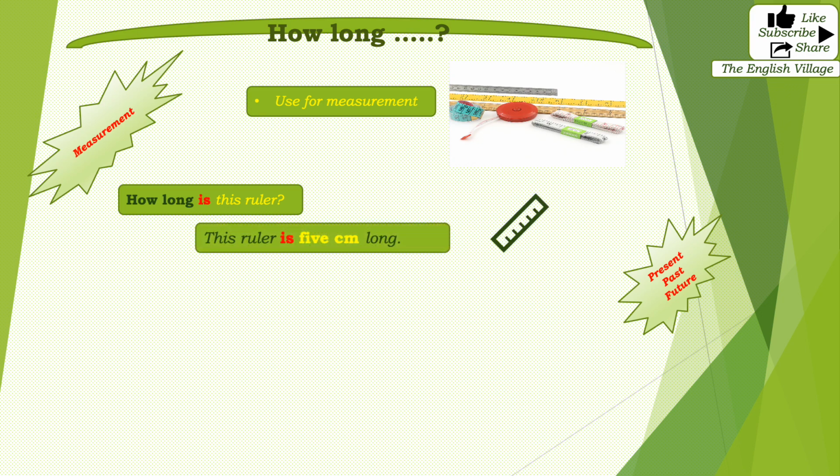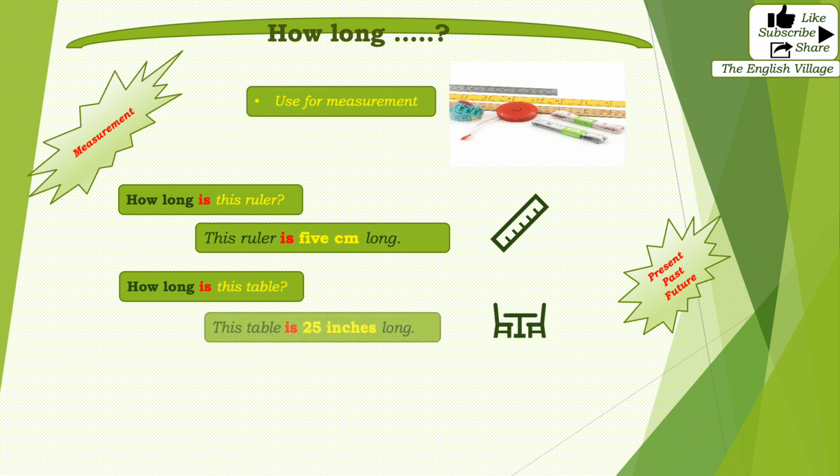This ruler is 5 centimeters long. How long is this table? This table is 25 inches long. So we are telling the measurement of these objects by using the question, how long? Here we are not asking about the time, the duration. We are asking about measurements. And it can be used with all the tenses that I have mentioned here.